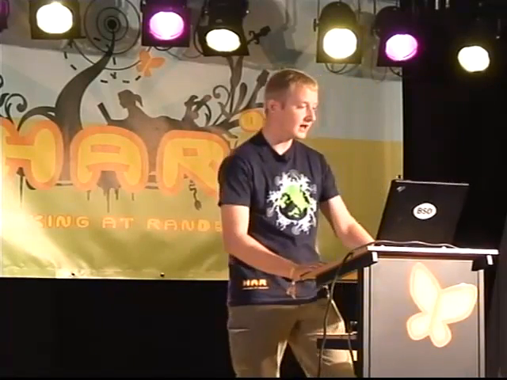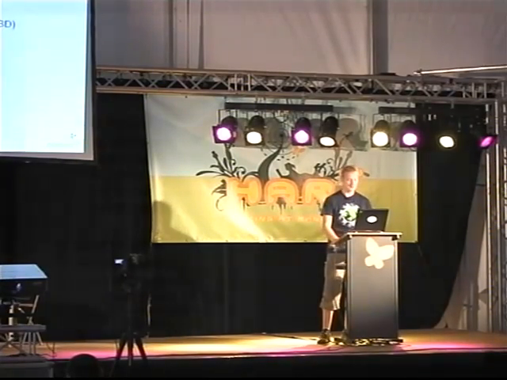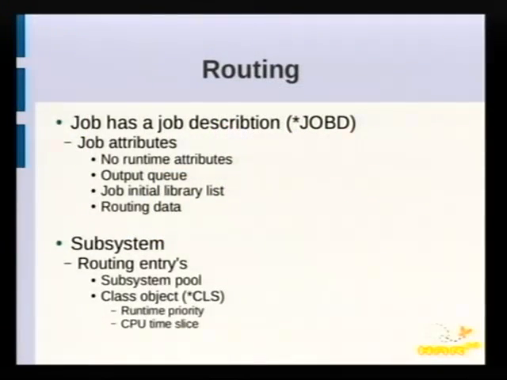Now, how does a job know in what subsystem pool it has to run? Well, a job has this job description that was also on one of the previous slides. It was a default job description there. And this job description has some job attributes, which are not runtime attributes, but some other stuff. Especially, it contains routing data.